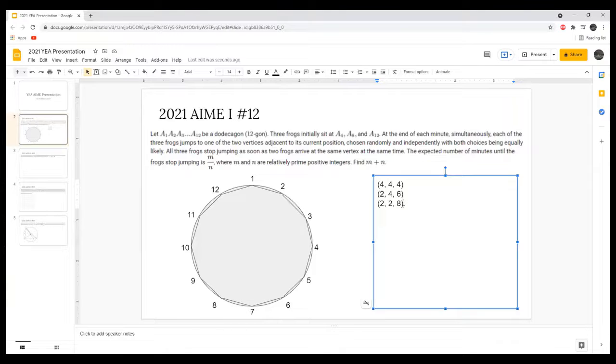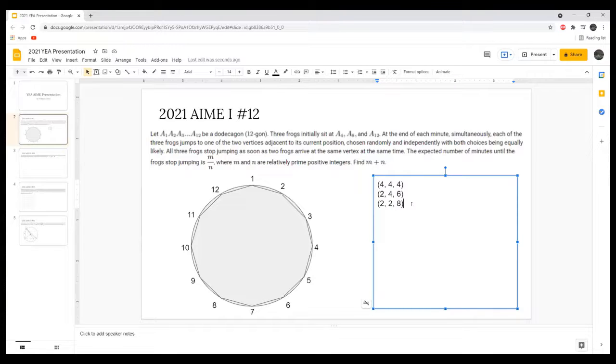The last, 2, 2, 8, would be an example like a frog at 2, a frog at 4, and a frog at 6. 2 and 4 differ by 2, 4 and 6 differ by 2, and to go from 6 to 2 without passing through the other frogs, you have to go the long way around. So it's 8 spaces, 1, 2, 3, 4, 5, 6, 7, 8, from 6 all the way around to 2.